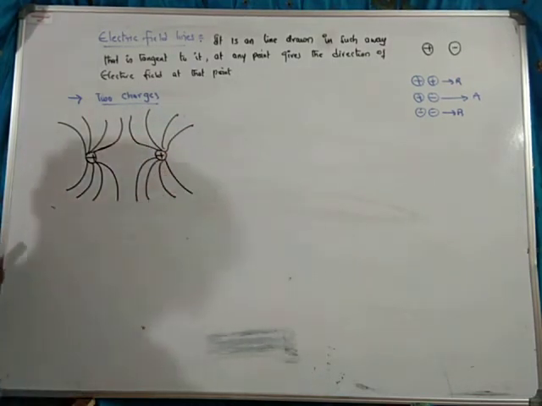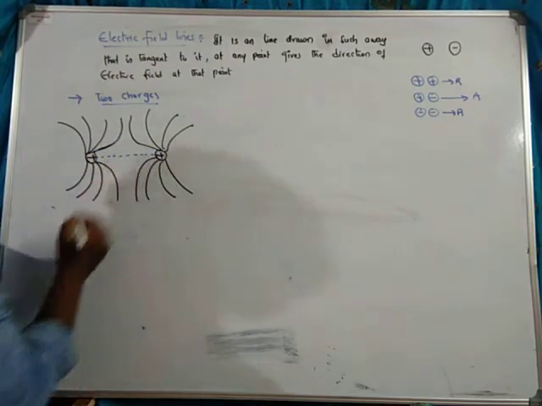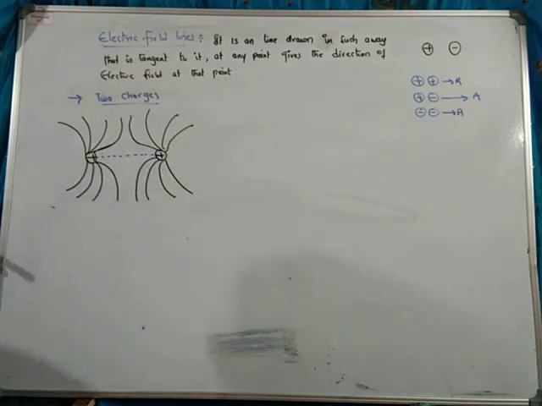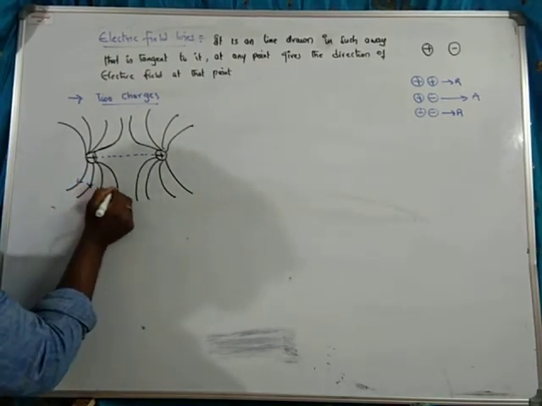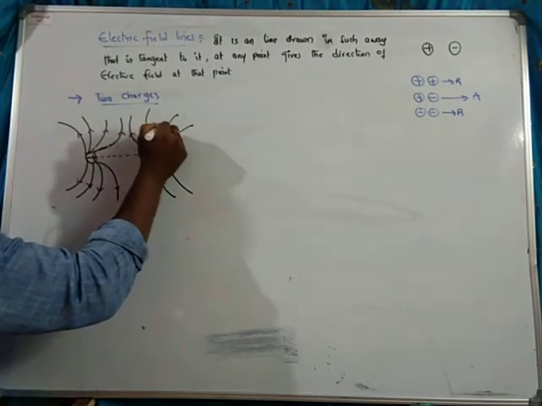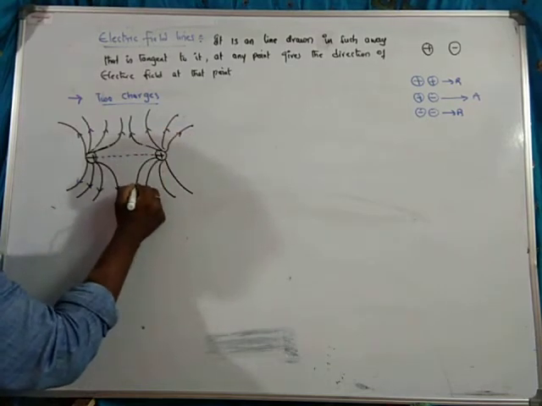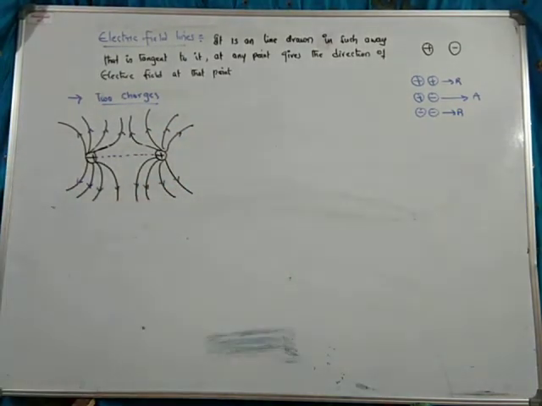The positive always donates, so the arrows will be in the outward direction. Both are outward. That is why we have repulsion.